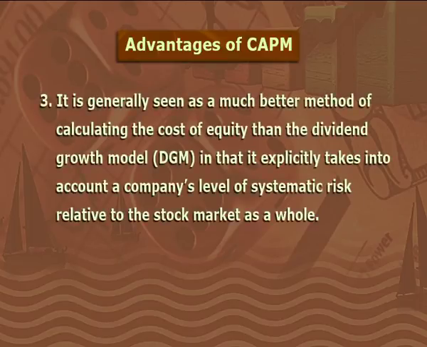Number 3, it is generally seen as a much better method of calculating the cost of equity than the dividend growth model, in that it explicitly takes into account a company's level of systematic risk relative to the stock market as a whole.